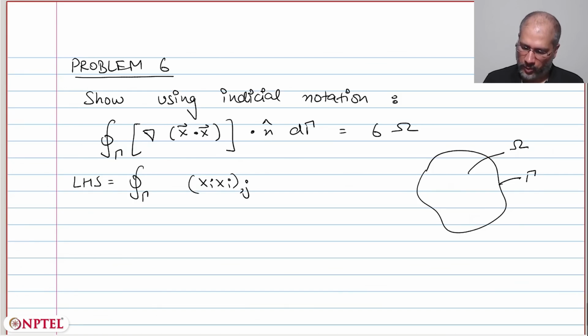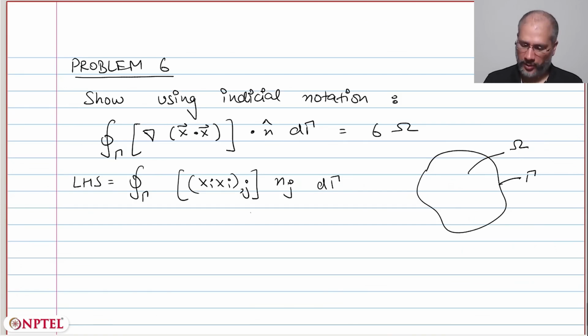And then this whole quantity is dotted with an n hat. So you have a vector n, but since it's a dot between two vectors, that means that the free index that we had here is to be the index for n as well. So now this quantity here does not have any free index. This is a scalar as expected. And then we have a d gamma.